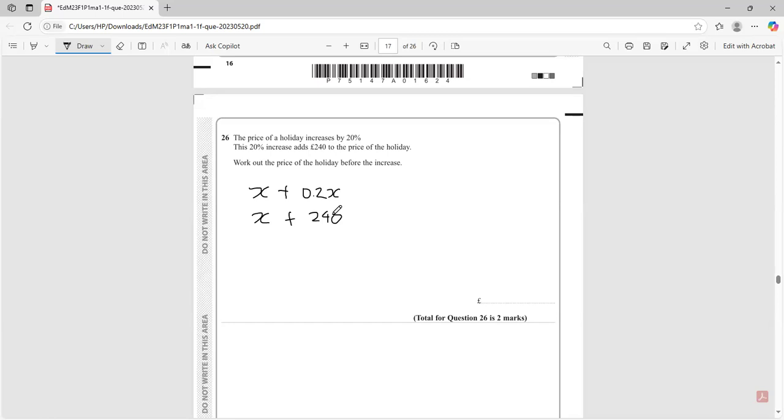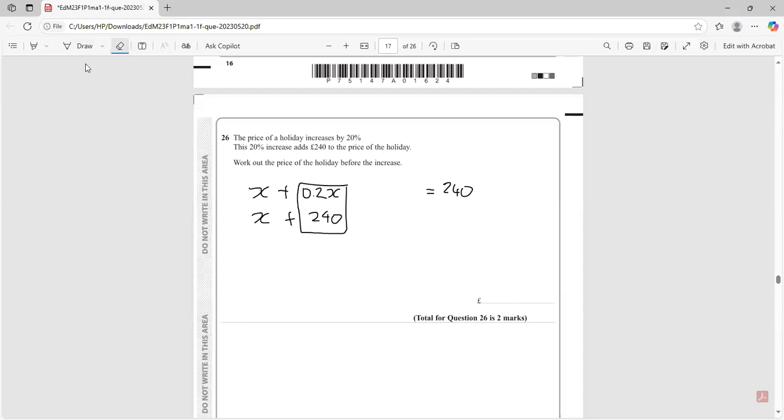Yes. Thank you. So what it now means is that these guys are the same. So it means 0.2x is equal to 240. So what are we going to do? Sorry, my bad.